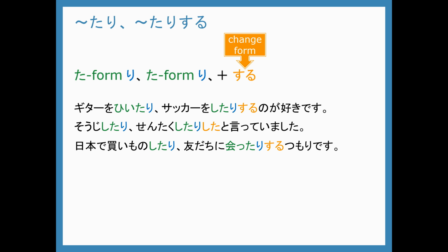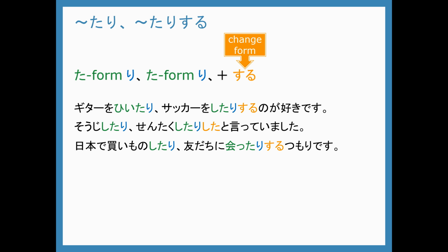I like to do things such as playing the guitar and playing soccer. Or, 掃除したり、洗濯したりしたと言っていました。Once again, the part I change is the する. So they said that they did things like cleaning and laundry.